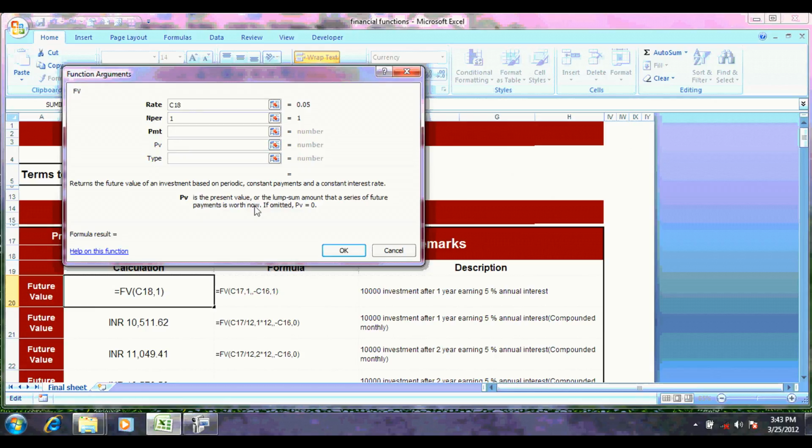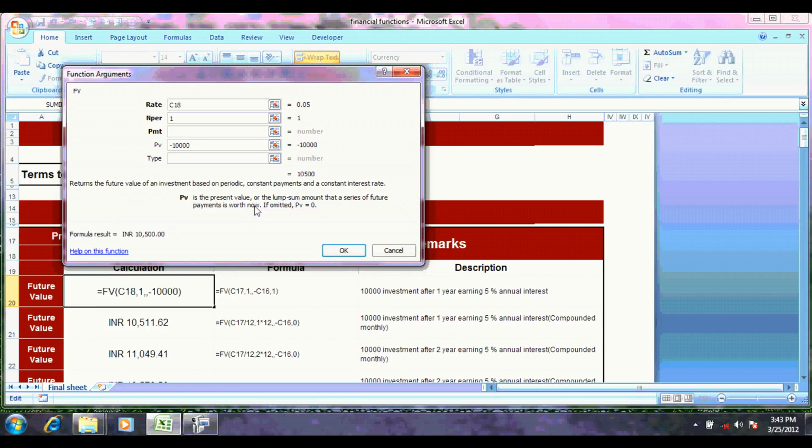Present value of your investment is 10,000 rupees. So we'll do minus 10,000. The reason why we have kept it as minus is that when you are investing your money for some particular cause, the money is parting from you, so it is a cash outflow.